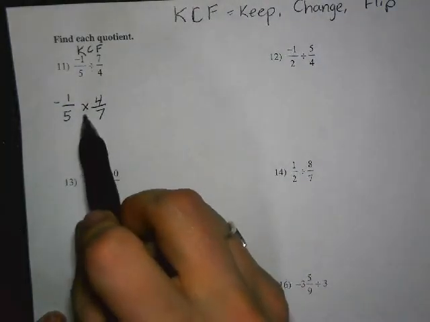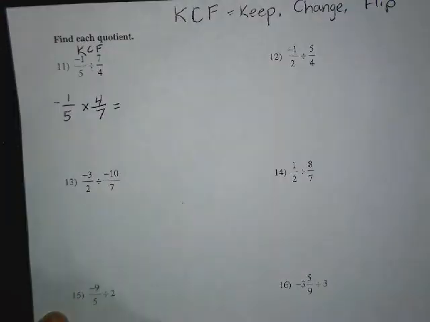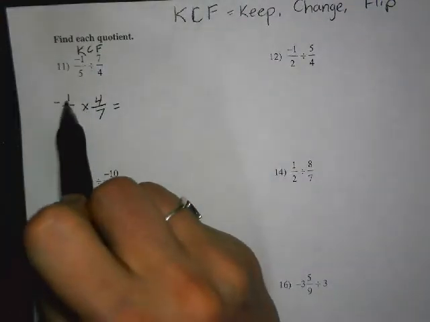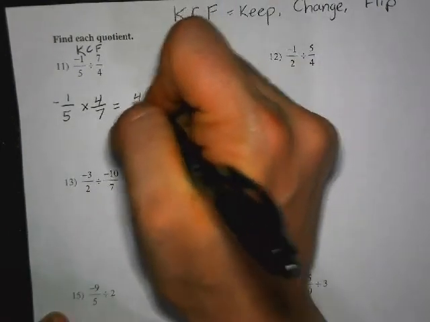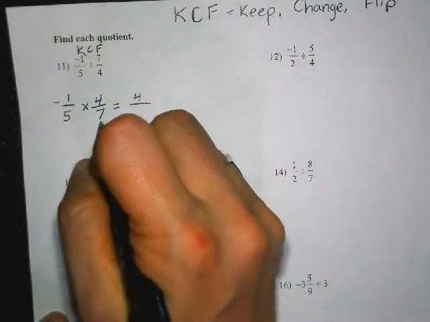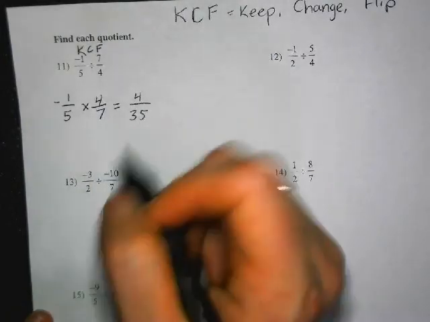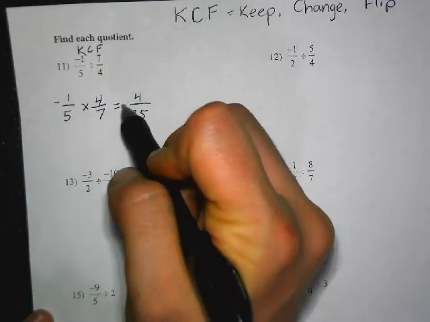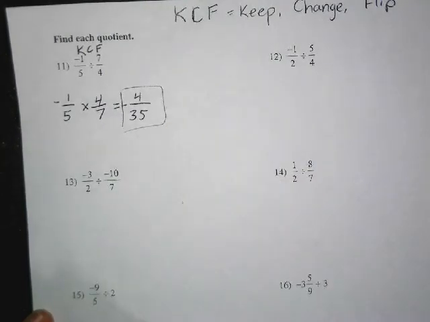And now, it's just as simple as what we were doing on the front part of this page. So we have, and we're going to keep that negative out for now, 1 times 4, that's 4. 5 times 7, 35. And let's attach that negative onto our fraction.